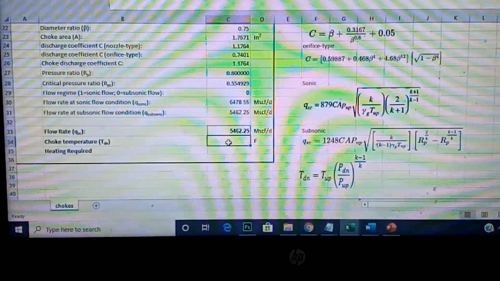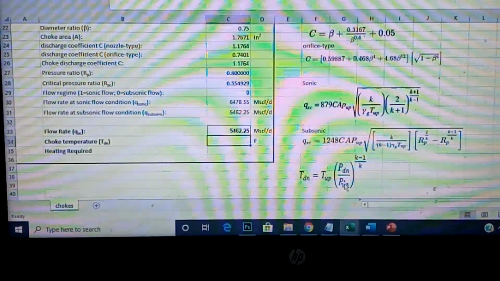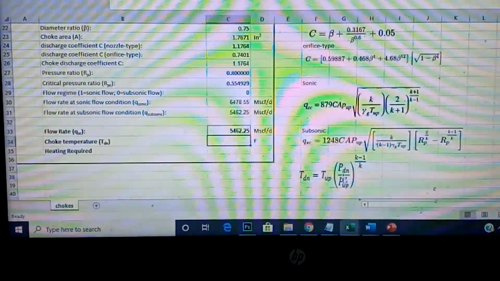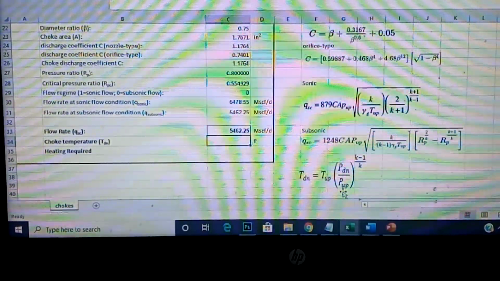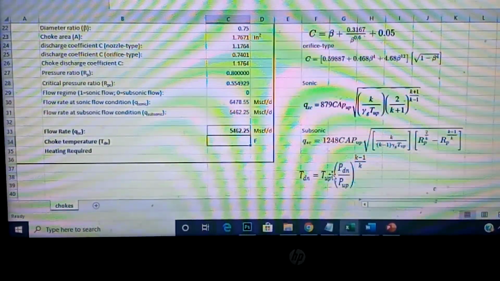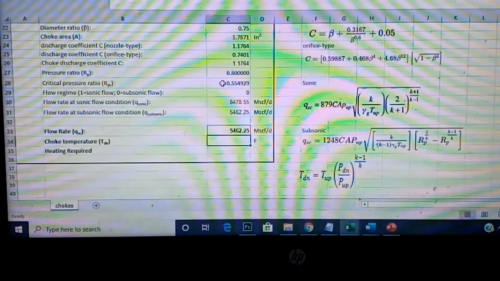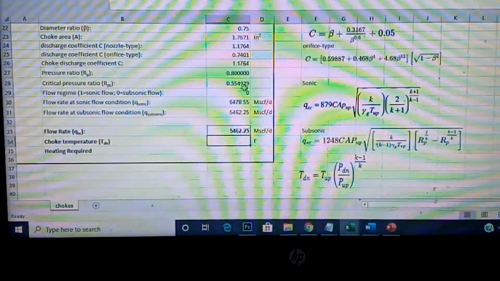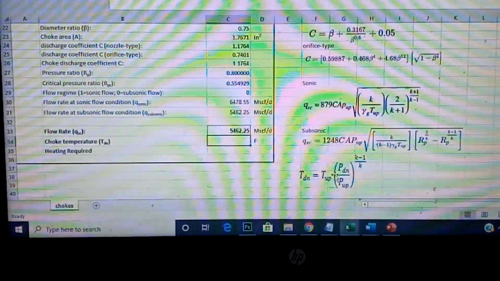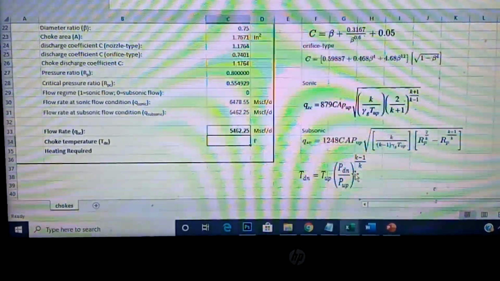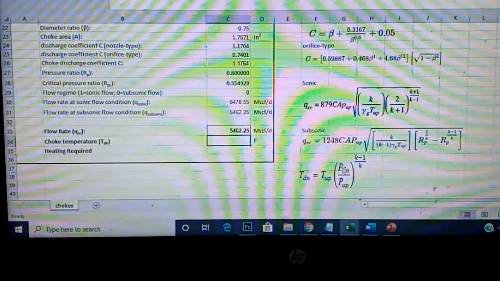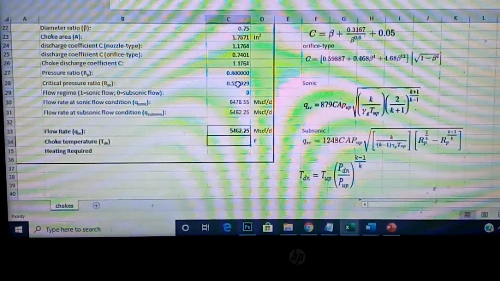Okay, now there's something with temperature. See this pressure ratio here, P downstream divided by P upstream. It can be either the critical pressure ratio or the actual pressure ratio. How do you know which one? It has to be the maximum, because if it's a sonic flow, I have to use the critical pressure ratio.